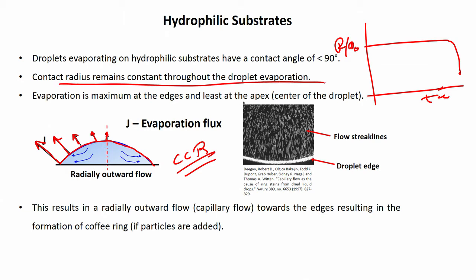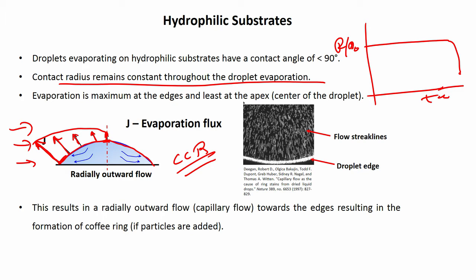So, there is a differential evaporation that you have created, even if it is natural, that means there is no fluid flow, no air flow which is augmenting it. It is just that the evaporation flux here is more than here. Naturally, the solvent loss here is more than the solvent loss there.